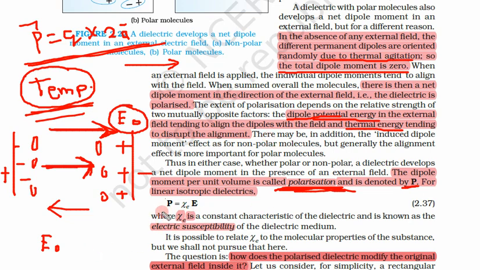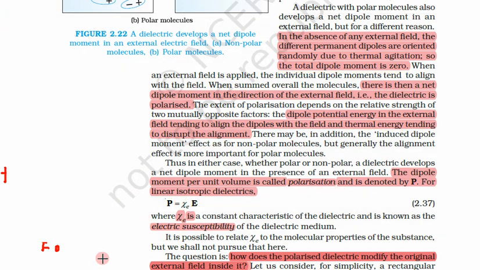For many materials, this is simply proportional to the electric field. This is a very simple thing. If you increase E, the polarization will increase. This is a common case, as we discussed. As soon as you increase the electric field, there will be more and more alignment. Polarization increases as the electric field increases.